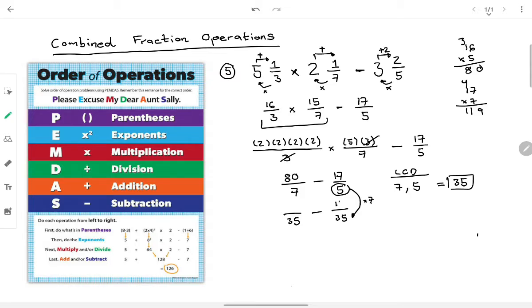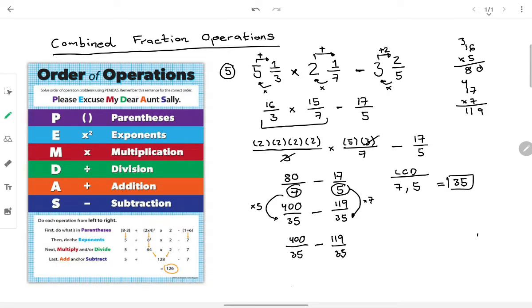We get 119. And in the other one, 7 times 5, it's 35. So 80 times 5 is 400. So I will copy this exercise. 400 over 35 minus 119 over 35.